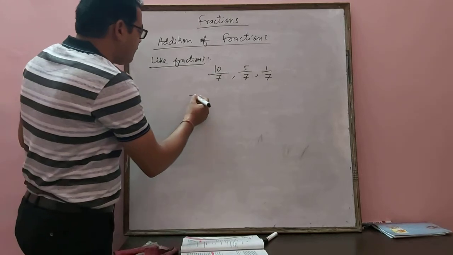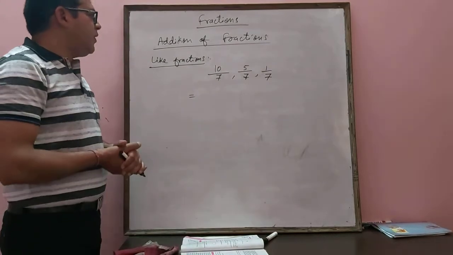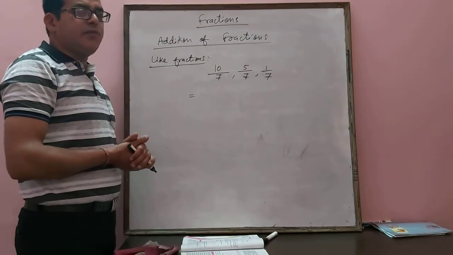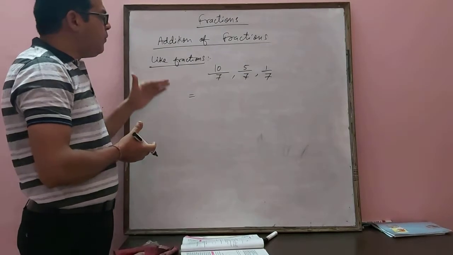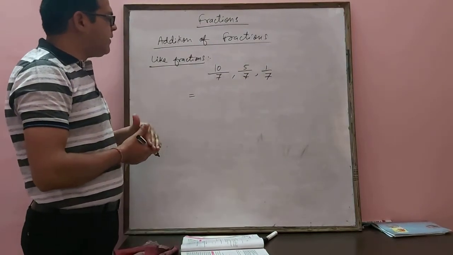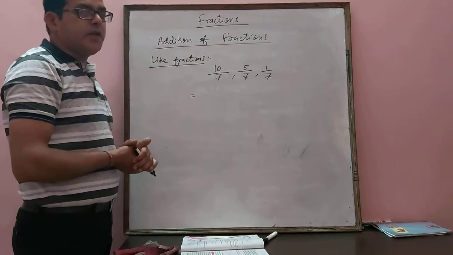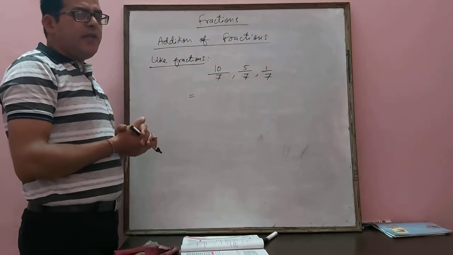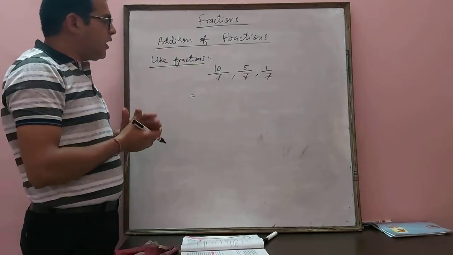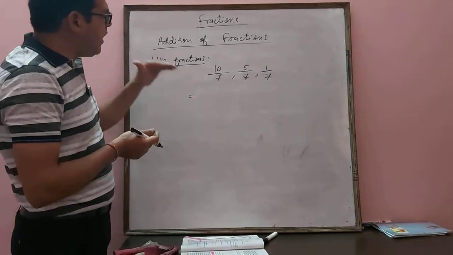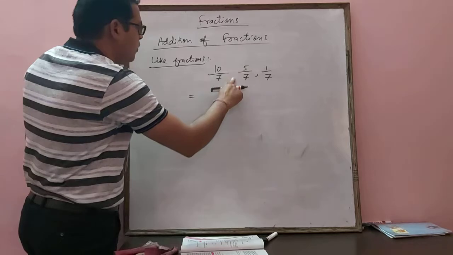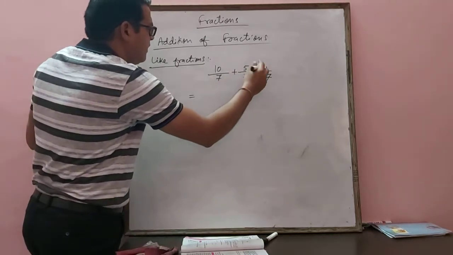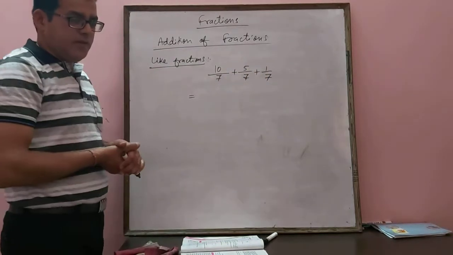So if we have to add like fractions, means if we are going to add fractions whose denominators are the same, then this addition is very simple. Nothing to do here, just we have to add. Suppose we are adding these three fractions.